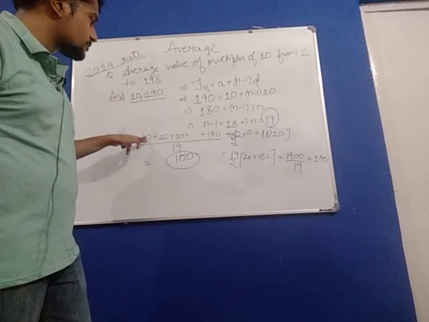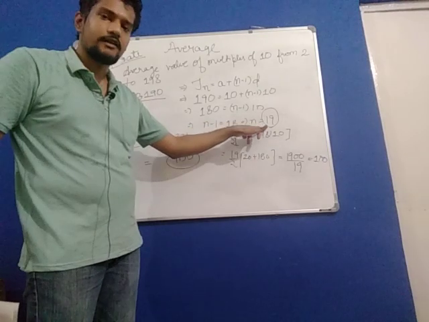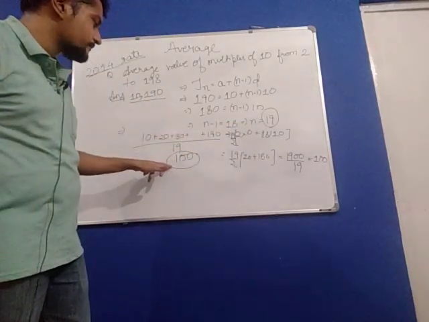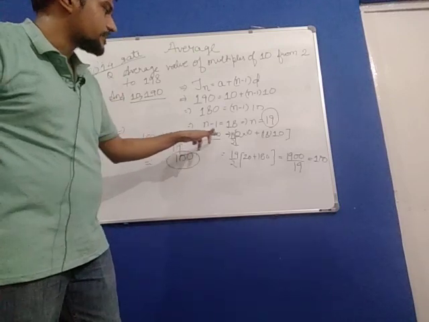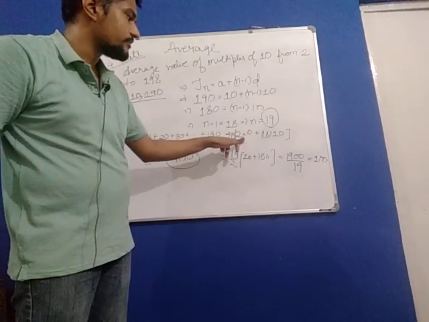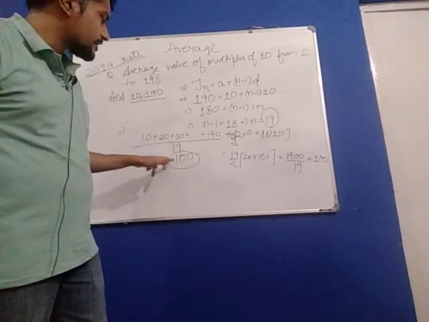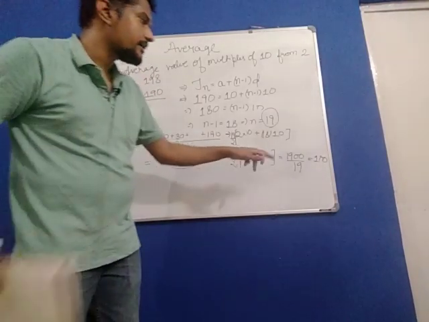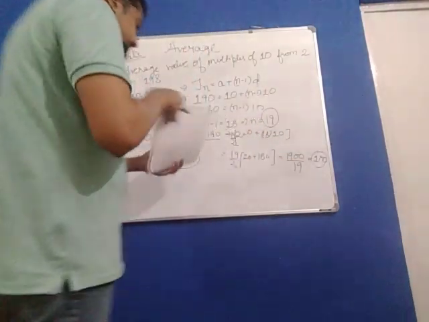We know that the average will be equal to 10 plus 20 up to 190 upon the number of terms, which we have just now calculated as 19. Then we can calculate the sum of this expression by using the formula of sum of an AP, which will come out to be 1900. And 1900 upon 19 is equal to 100, and the answer of this question is going to be 100.